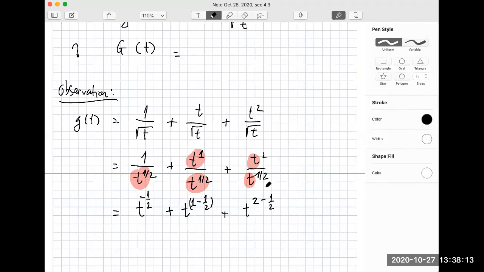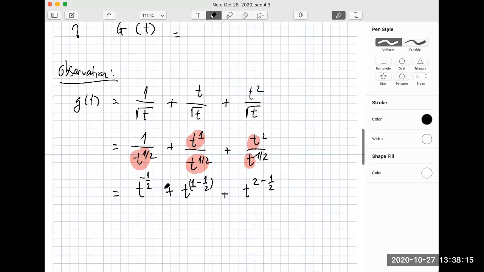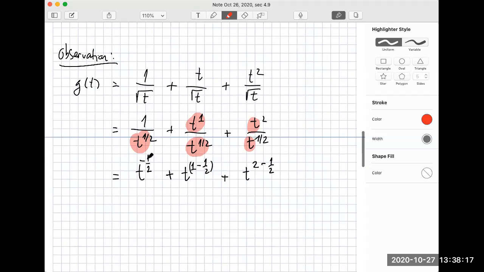Then let us compute the orders from here, which gives us t to the negative 1/2 plus t to the 1/2, right? And here is t to the, what is it?